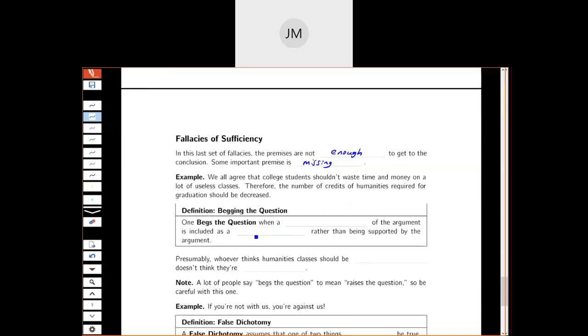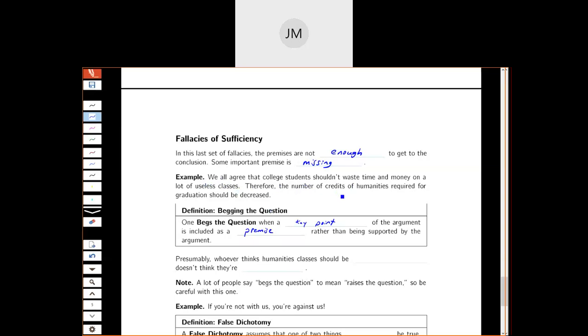Okay, one begs a question when a key point of the argument is included as a premise rather than being supported by the argument. So when we say we all agree that college students shouldn't waste time and money on a lot of useless classes, I'm using that as a premise, but that's really what I'm trying to conclude, right?